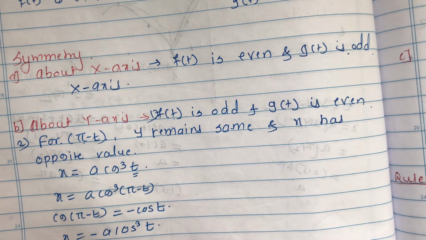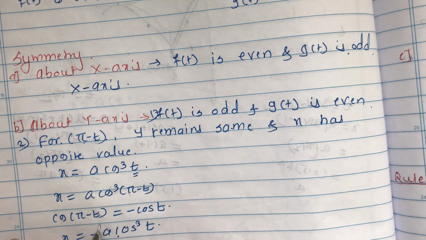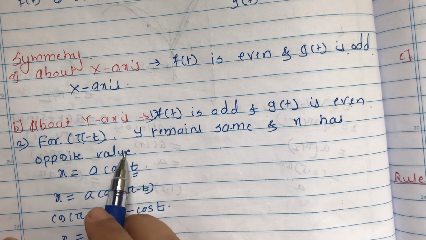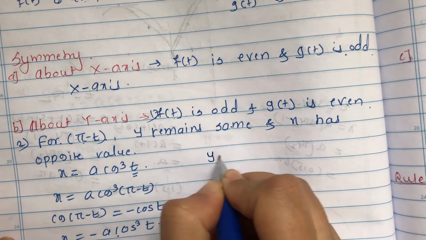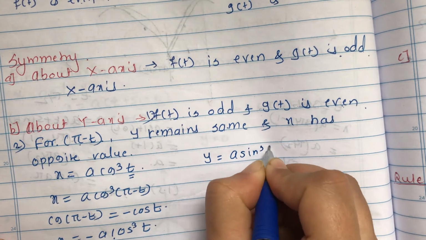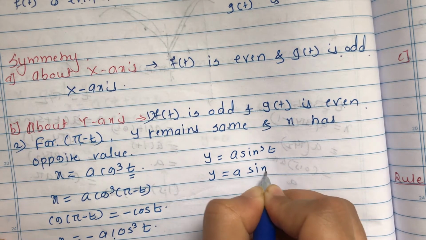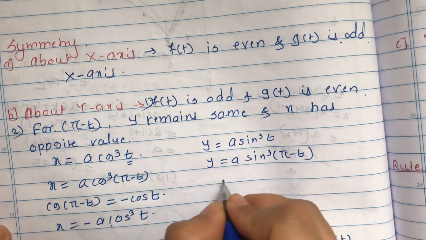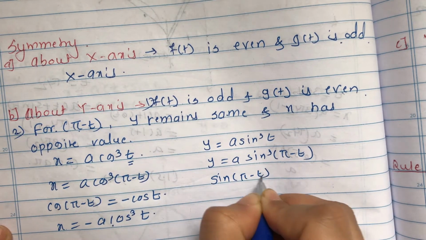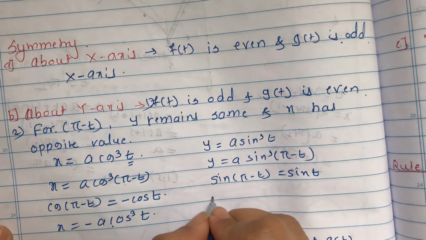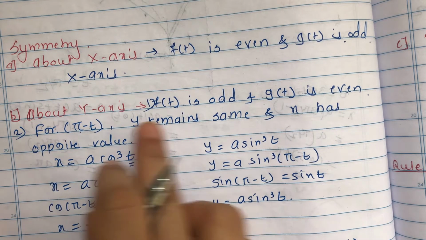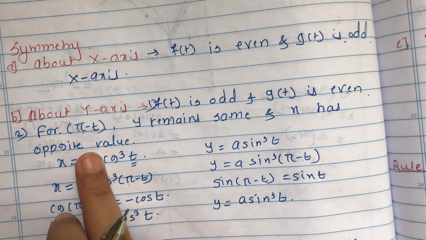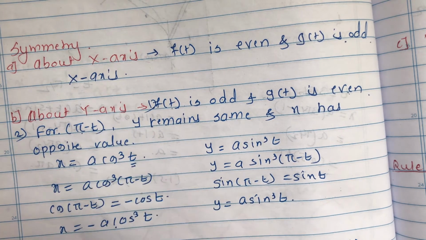So here we get x as the opposite value. And for y, y is equal to a sin³t, so y = a sin³(π - t). Sin(π - t) is equal to sin t, so there will be no change, and y remains the same. So we can apply this second condition, and from it we get that the curve is symmetric about the y-axis also.